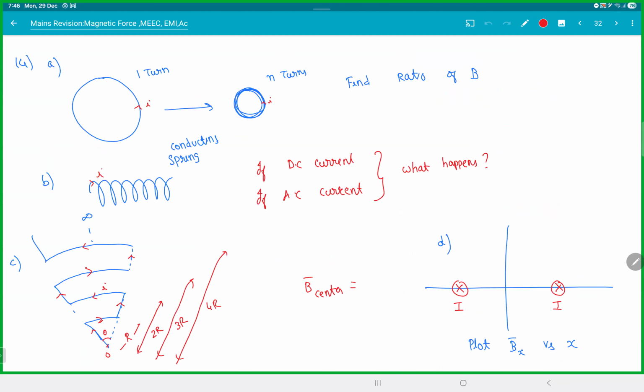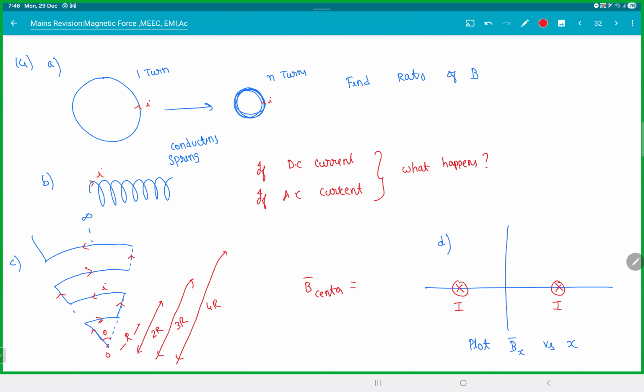Let's get these three. We have a one turn ka wire of current I. You made into n turns. Find the ratio of magnetic field before and after at the center. You have a spring. You send a DC current. You send an AC current. What happens? You have a system like this. Find the magnetic field at the center. We have two current wires I and I going into the plane. Plot BX versus IX. Hope you guys remember those graphs. We did in electrostatics also.